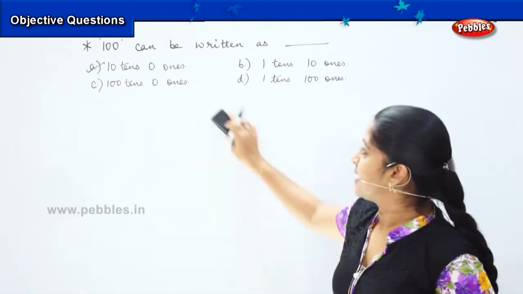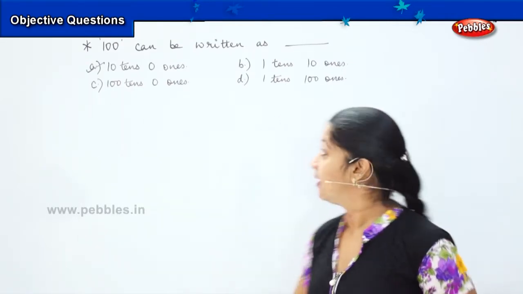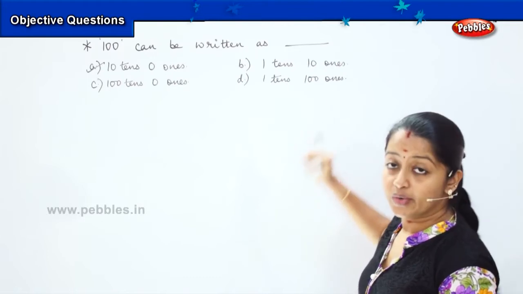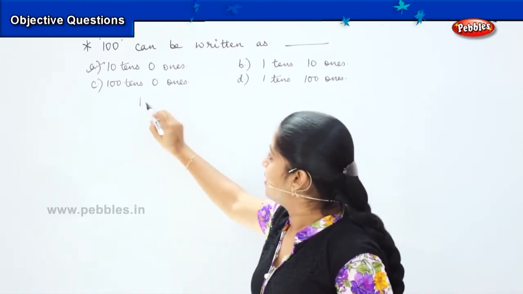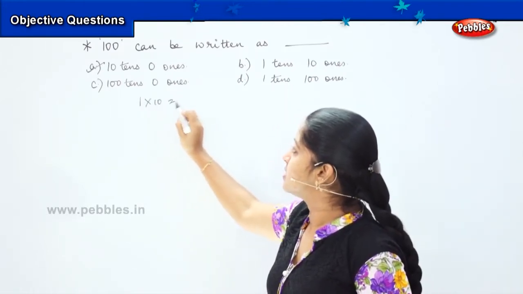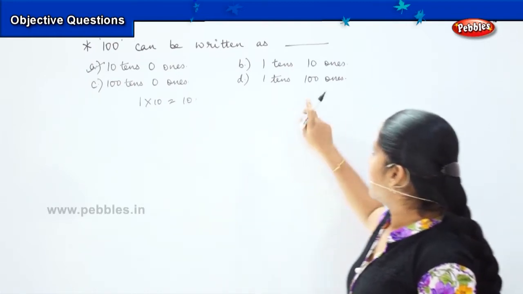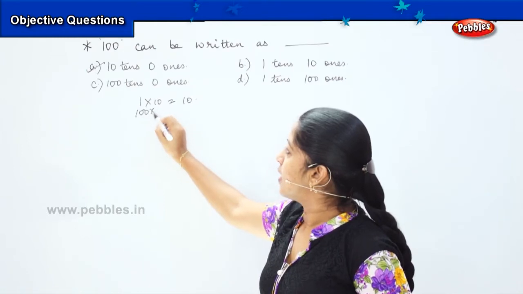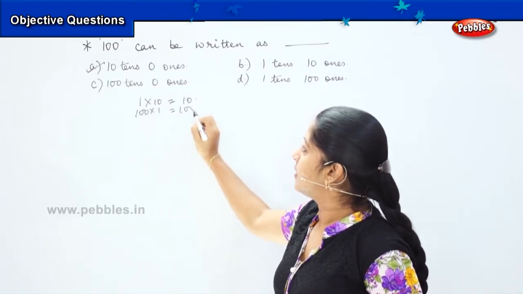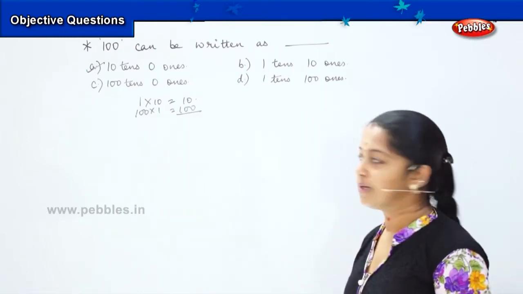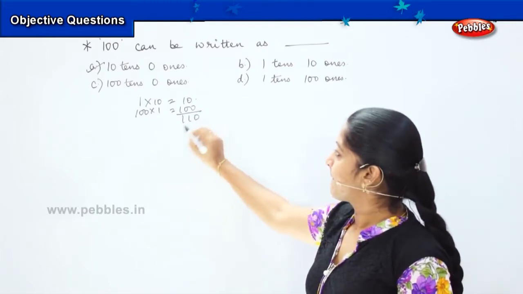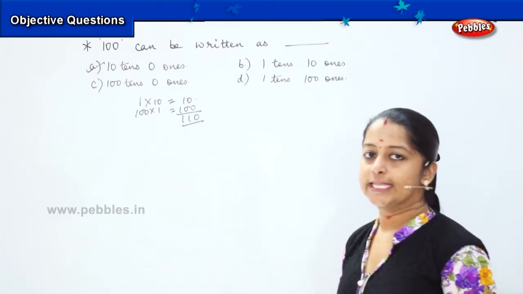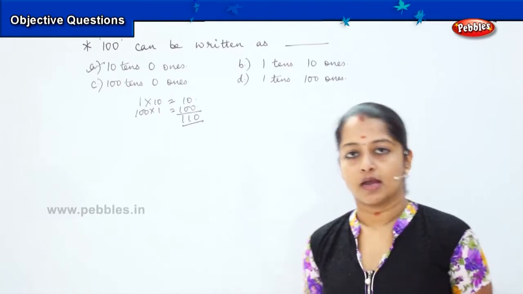Coming to the last pattern, the last question, it is 1 tens and 100 ones, right? So 1 into 10 is how much? 10. And 100 ones, which is nothing but 100 into 1, it is 100. So if you add, how much will it become? So again, this is not my right answer.